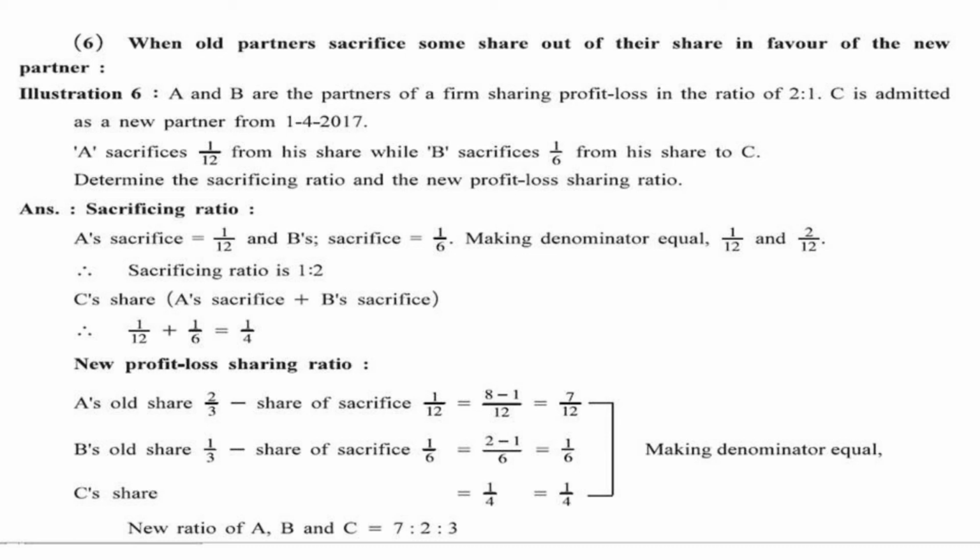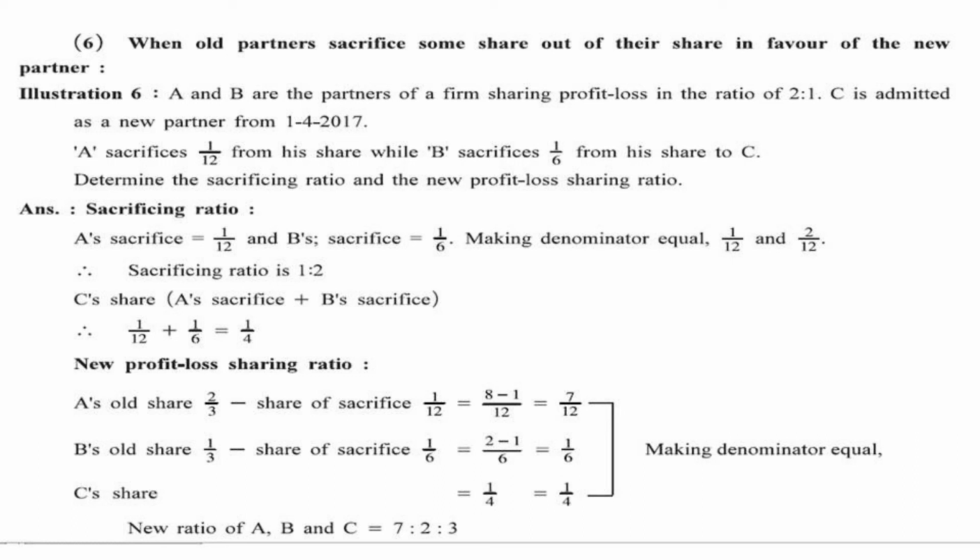So the sacrificing ratio is 1:2. Now C's share is A's sacrifice plus B's sacrifice, because C received from old partners A and B. So 1 upon 12 plus 1 upon 6, when added, gives 1 upon 4.